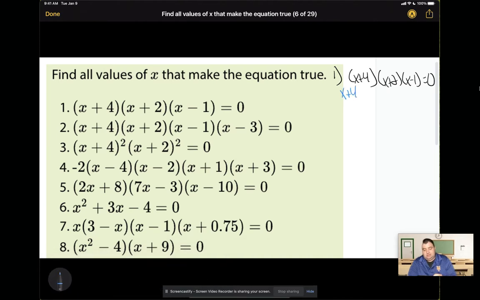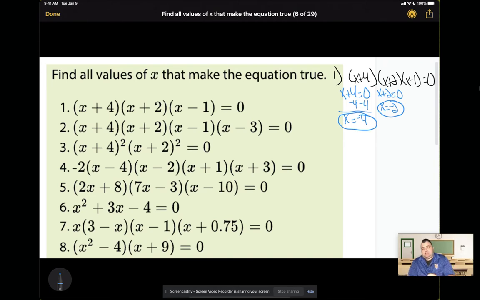So x plus 4 equals 0. If I subtract 4 from both sides, I end up with x equals negative 4 as my first x-intercept. If I set x plus 2 equal to 0, basically the same thing happens, except I'm going to get x equals negative 2 because I'm going to subtract 2 from both sides.